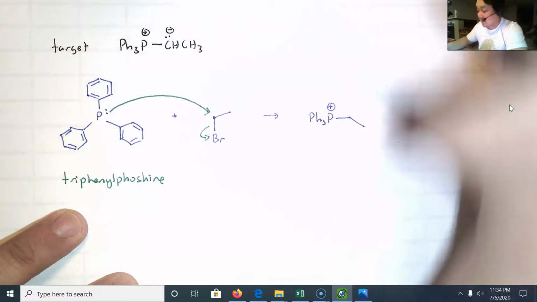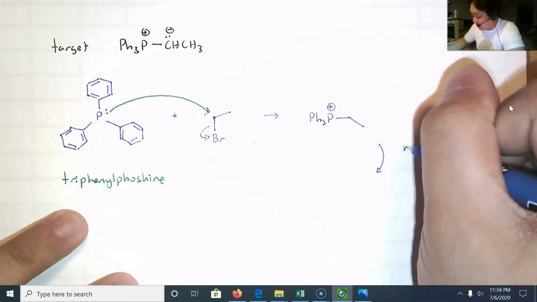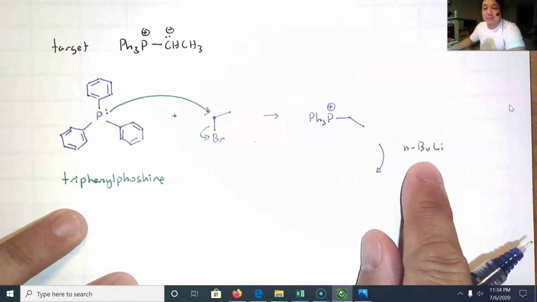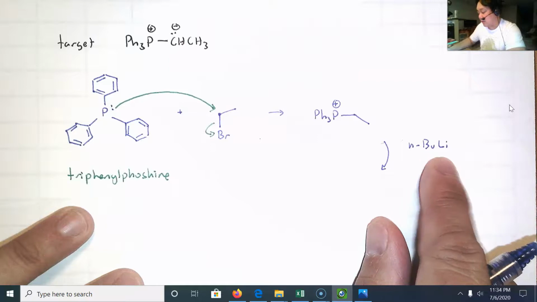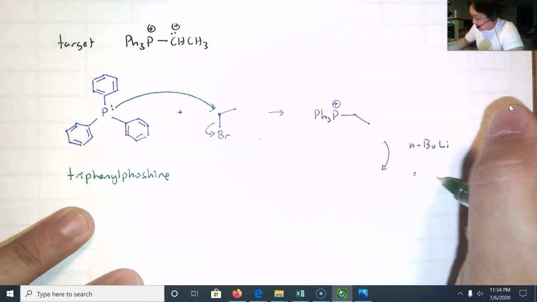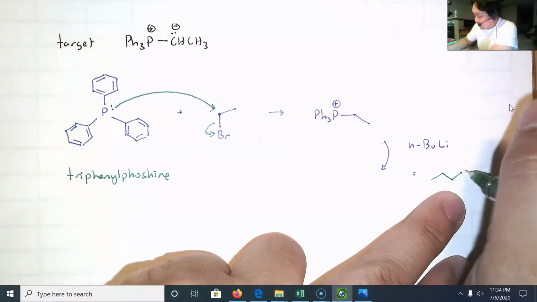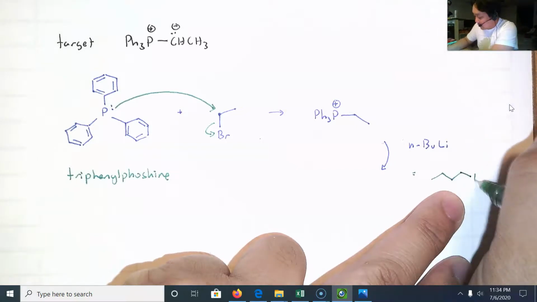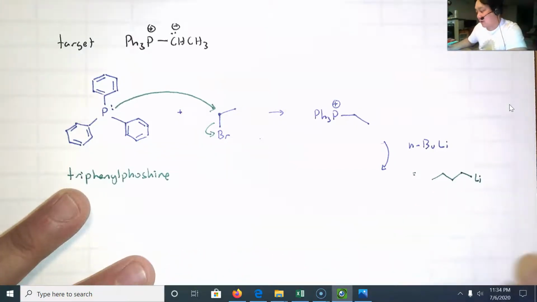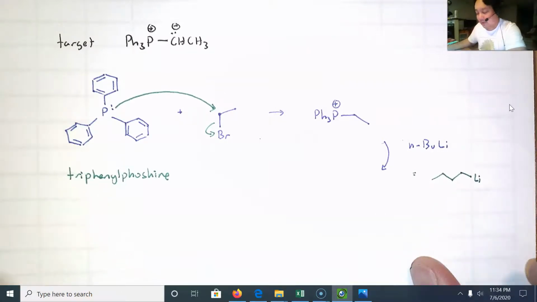And the base that many people use is called n-butyl lithium. And you're allowed to use the abbreviation n-butyl lithium. But what is that? That is the same as a butyl group, but next to lithium. We haven't talked a lot about molecules that have this carbon-metal bond. That is coming up.